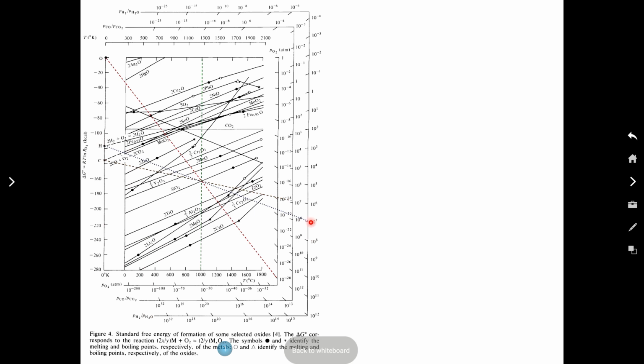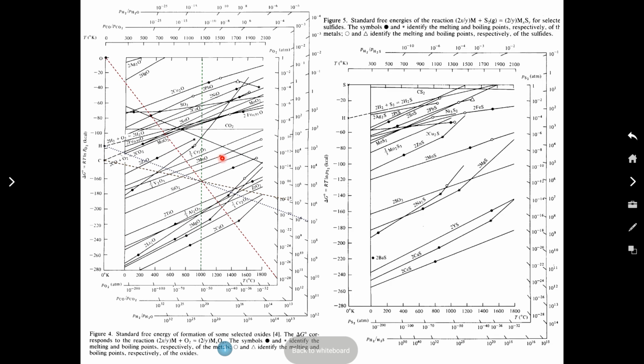So we have to mix the hydrogen and water vapor in a partial pressure ratio that will create a PO2 of 10 to the negative 28 atmospheres. So the Ellingham diagram has answered all of these questions that we use all the time to create controlled atmospheres in processing.